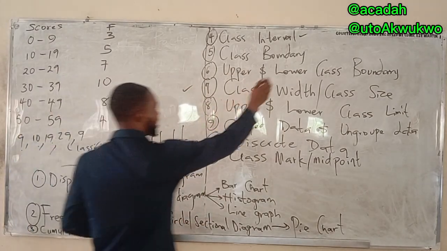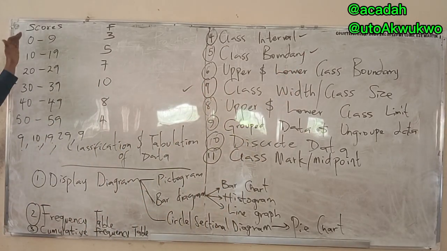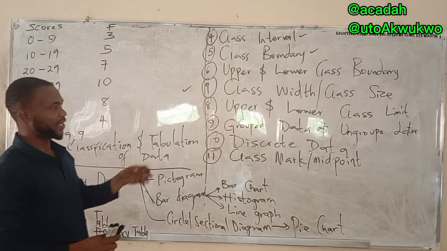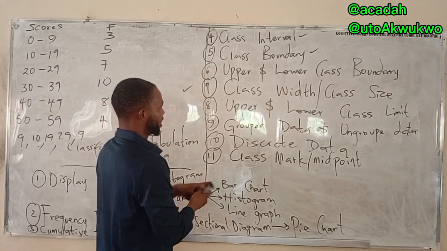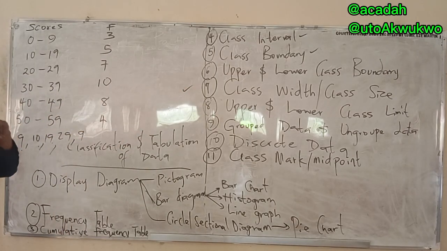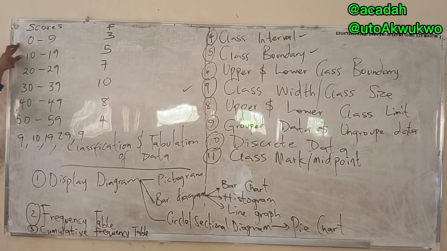Now you know what is class boundary. Class boundary is simply having a class or a group, that is, you belong to maybe 0 to 9 or 0 to anything, having a lower limit and an upper limit. Now, the next one is the upper and lower class boundary. It is simply adding 0.5 to the upper class limit and subtracting 0.5 from the lower class limit.